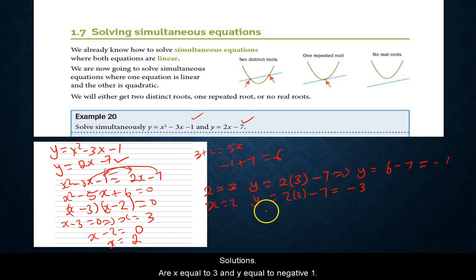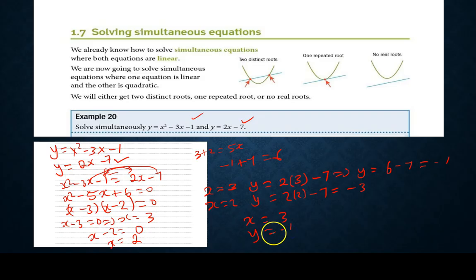Solutions are x equal to 3 and y equal to negative 1. And again, when x is equal to 2, y is simply equal to negative 3.